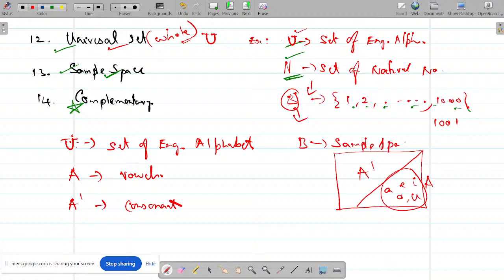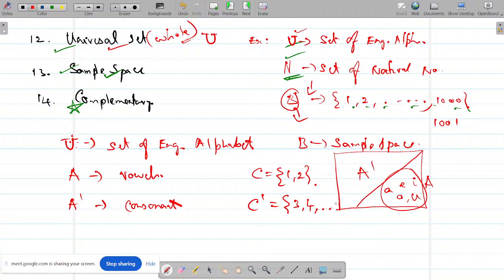If I talk about some C, which consists of 1 and 2 alone, what is C dash then? 3, 4, up to... Up to 1000.